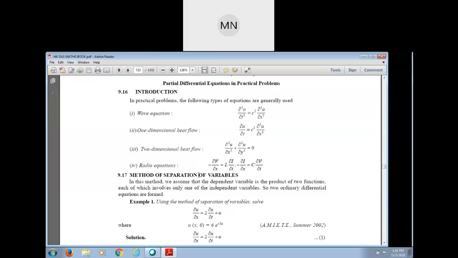After that we get ordinary differential equations, and after solving these ordinary differential equations we can get the required solution. Let me discuss with an example.